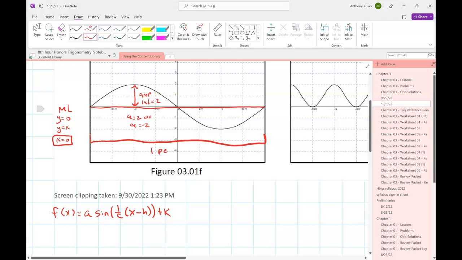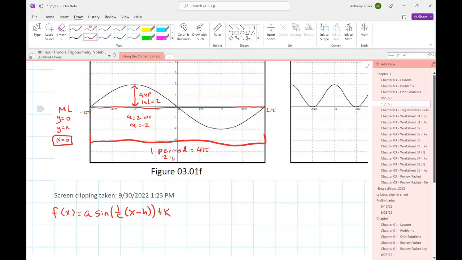So I know one period is equal to, well, if I read my axes, this spot over here must be -2 pi, and this spot over here must be +2 pi. So how long was that? 4 pi. Everybody cool?